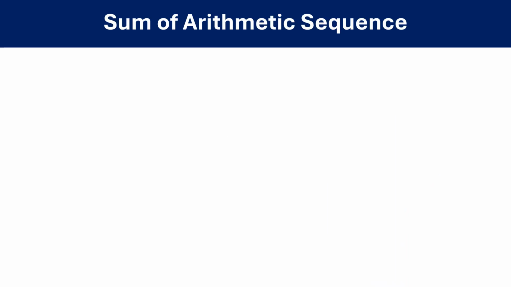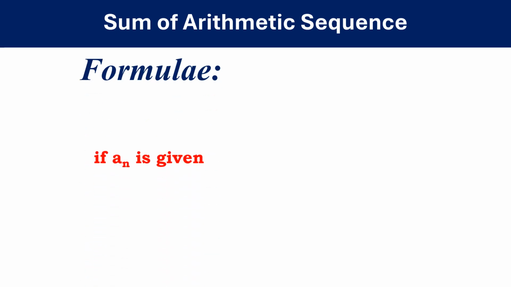All right. So when we're going to deal with the sum of arithmetic sequence, there are different formulas that we need to remember. Actually, there are only two, but I'm also providing you another two. So this is the first formula.